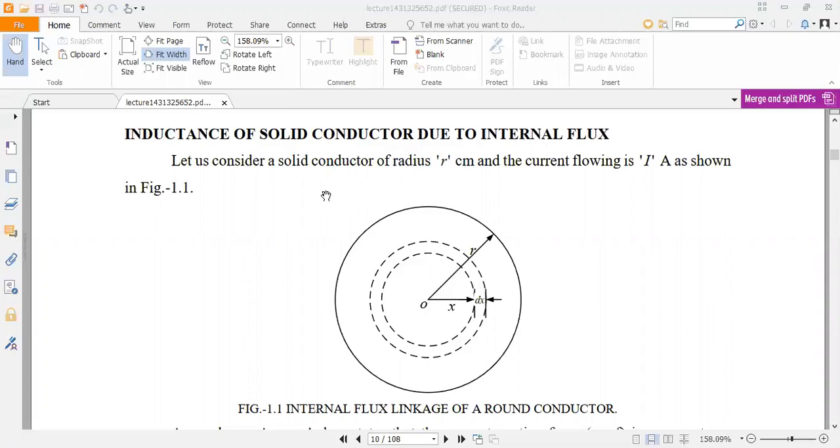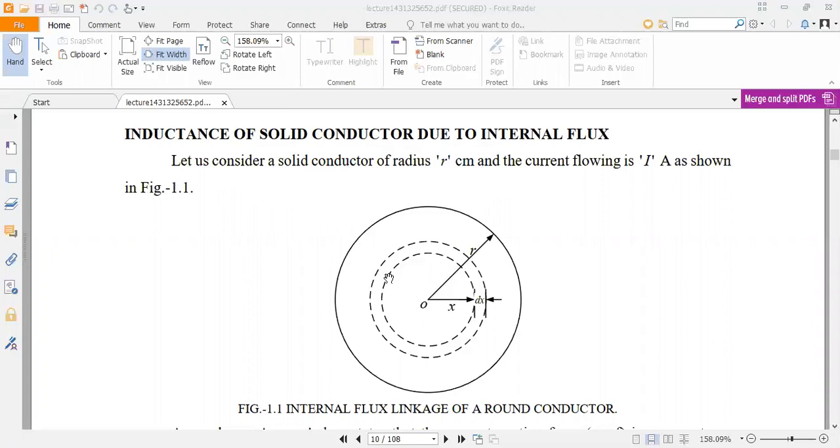So here, this slide shows the inductance of a solid conductor due to the internal flux. It means that we are calculating the flux linkage inside the conductor. Let us consider a solid conductor of radius r, and the current flowing through it is I, as shown in the figure.